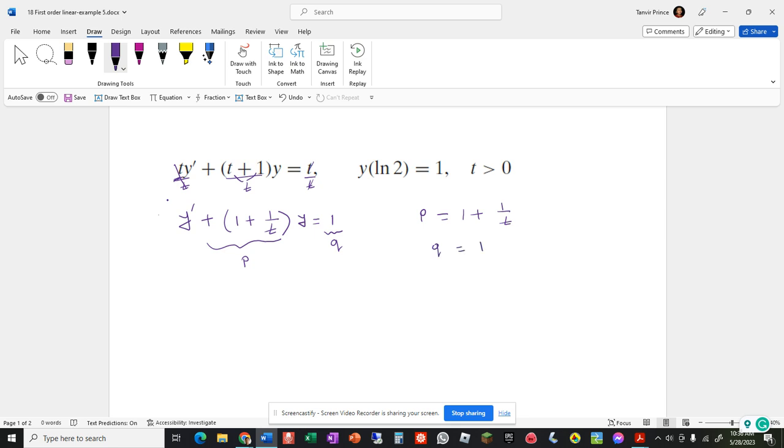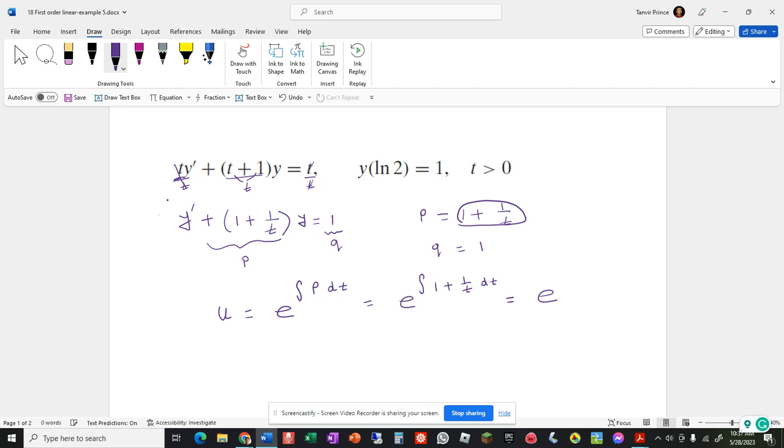So the first thing we need to find is the integrating factor, which we call u. So the integrating factor is e to the power integral of p dt. That's the formula. So in this case, e to the power integral of my p, which is 1 plus 1 over t, dt.